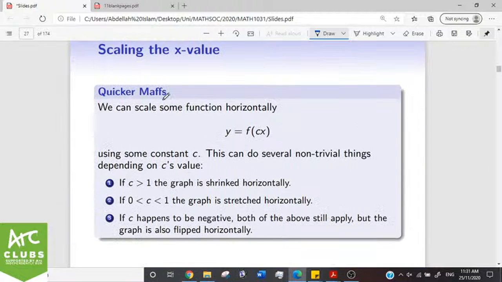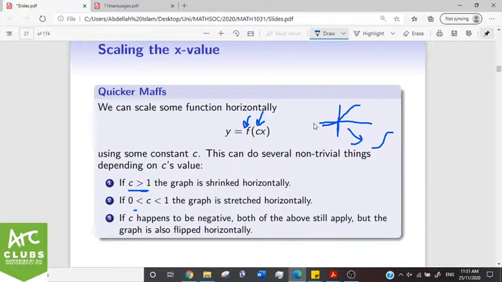You can also scale the x values. So instead of putting the c out here, we can put the c inside of here. And what this does is that it'll shrink it horizontally if it's positive. So if c is greater than 1, and we have a graph that looks like this, we have to shrink it horizontally this time, so it'll be kind of squished.